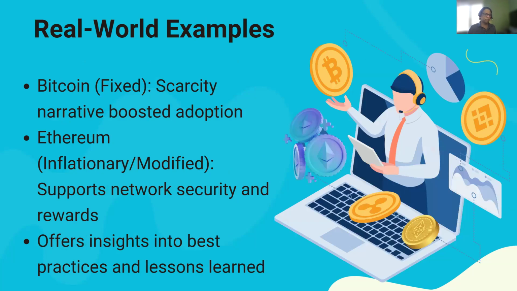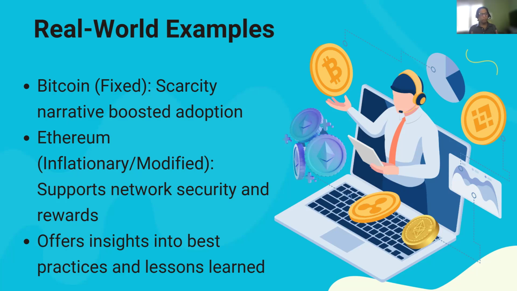So, real world examples, I've explained them already. Bitcoin is fixed, so the scarcity makes the value go up regularly. And in the case of Ethereum, it's both: it's elastic, and the total number of tokens goes up or down a little bit based on the usage, based on the total number of tokens that are supported in the network.